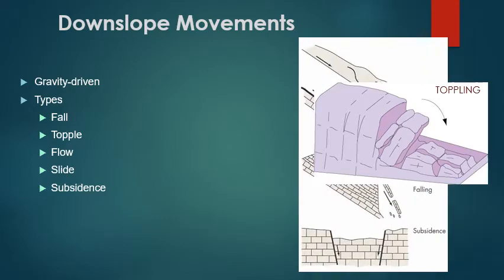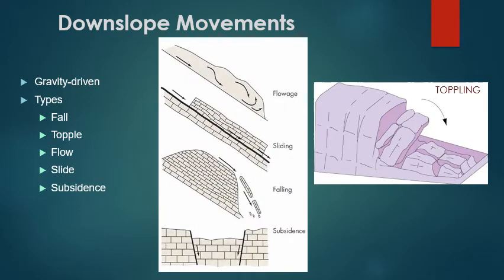Landslides are classified into fall, topple, flow, slide, and subsidence. In the figure, you can see the illustration of the different types of landslides based on mechanism. This is flow, slide, fall, toppling, and subsidence.